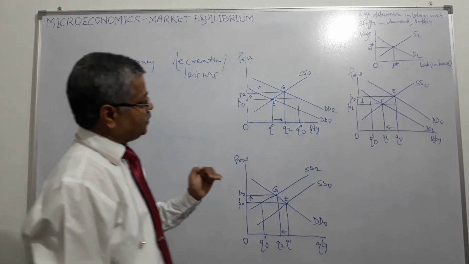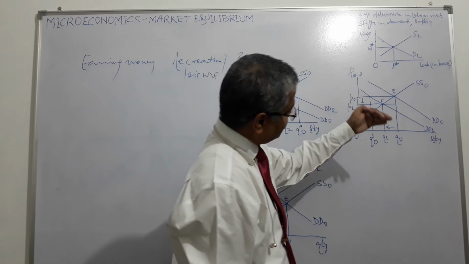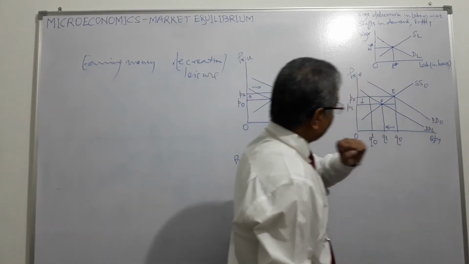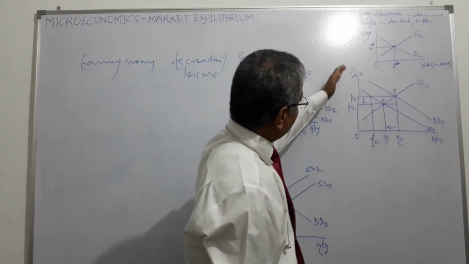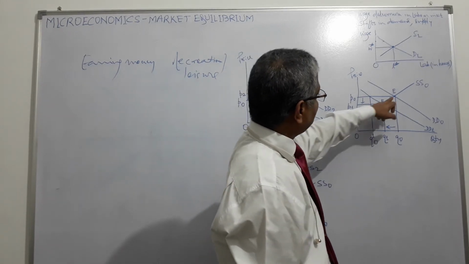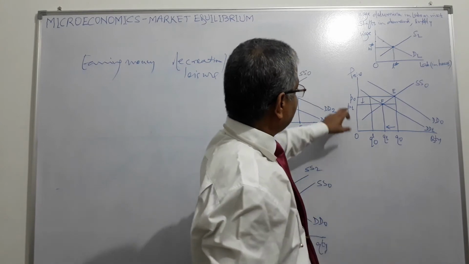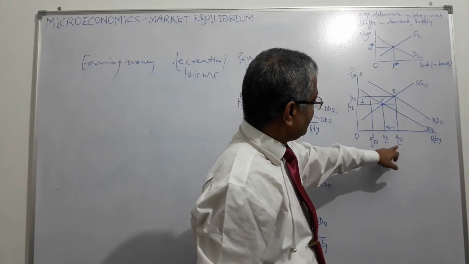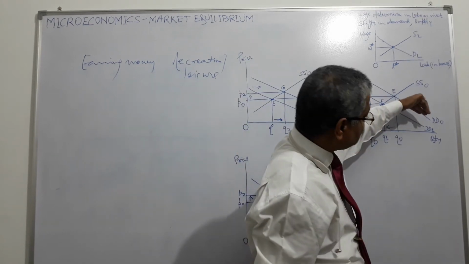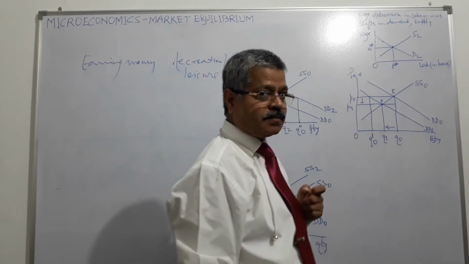In the same way, we see another diagram where there is a leftward shift in the market demand curve. Here, this is the price, this is the quantity, and the initial equilibrium has been established at E, where the price is P0 and quantity is Q0. When this DD0 shifts leftward to DD1, then what happens?